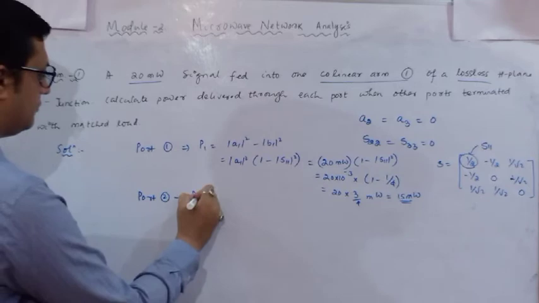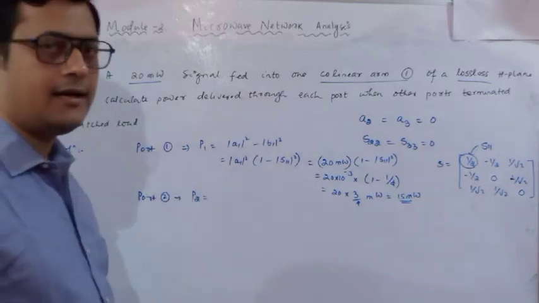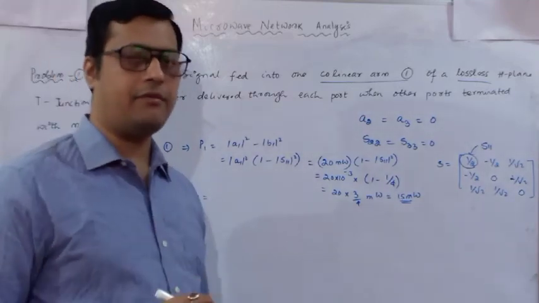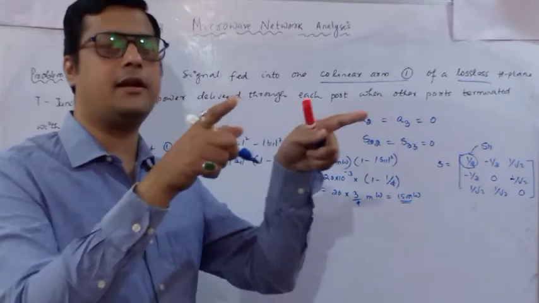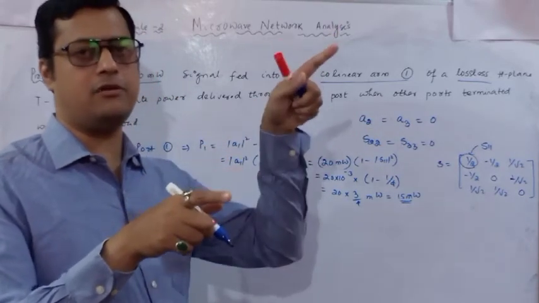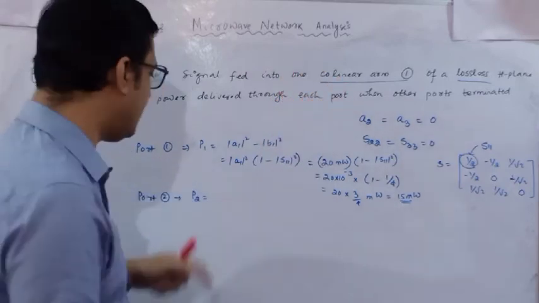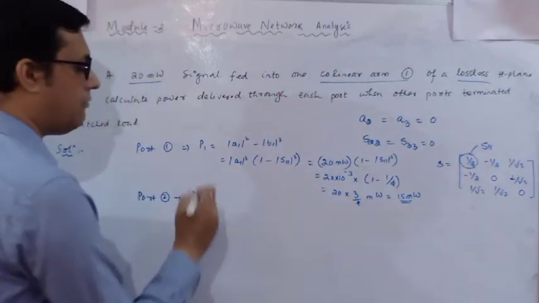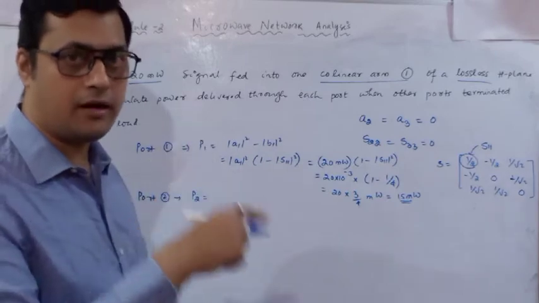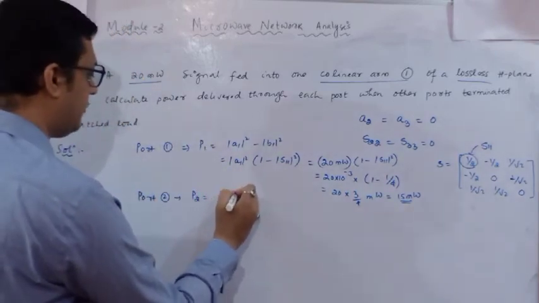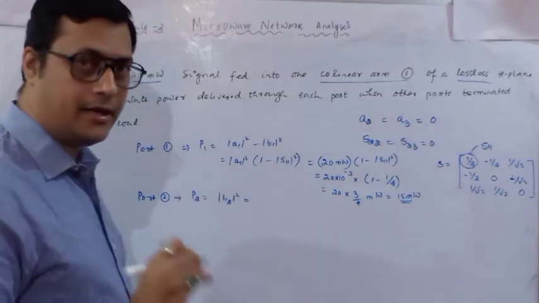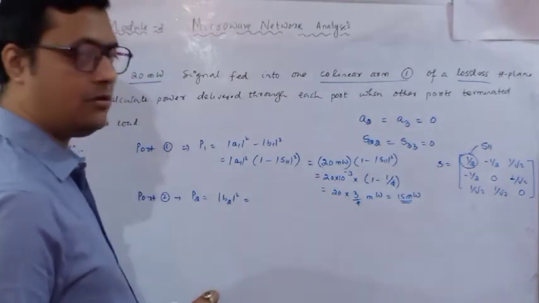Port 2. Now as I have shown in that figure, if we are feeding the power at one port, in the other port only the reflected power is available, that is either B2 or B3. Now here in port 2 we have to form a relation with respect to port 1. So what will I write? Actually the power is B2 square, but it must relate with respect to port 1.